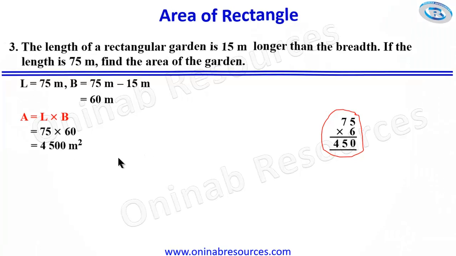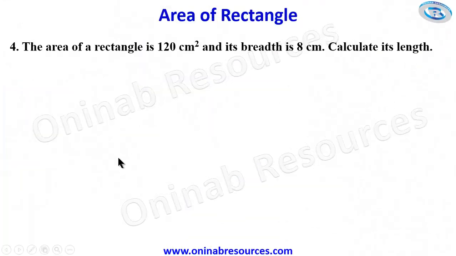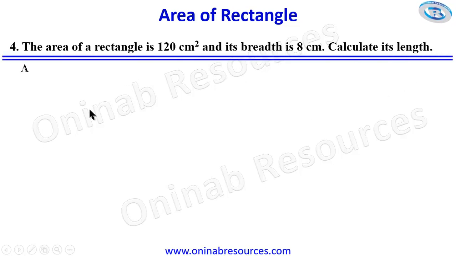We then go to problem 4. For problem 4, the area of a rectangle is 120 square centimeters and its breadth is 8 centimeters. Calculate its length. We still remember from the beginning, to calculate the length, it is area divided by the breadth.